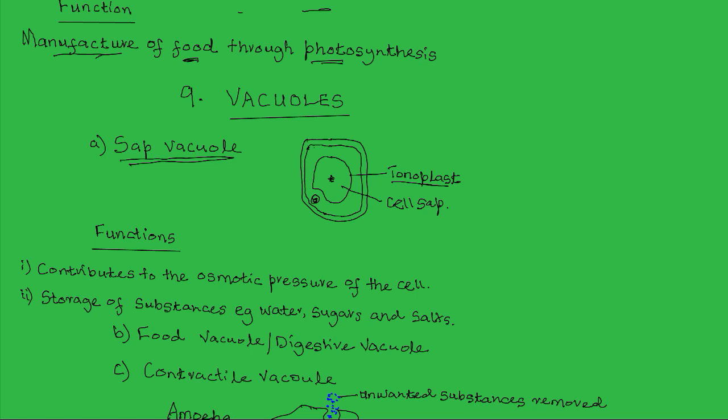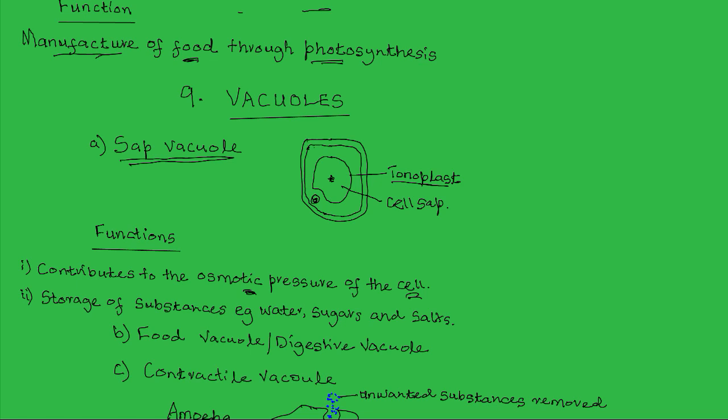Functions of the subvacuole. 1. It contributes to the osmotic pressure of the cell. Now, the osmotic pressure is the tendency of a solution to draw in water from the surrounding. Now, the stored salts and sugars in the cell sap contribute to the osmotic properties of the cell.